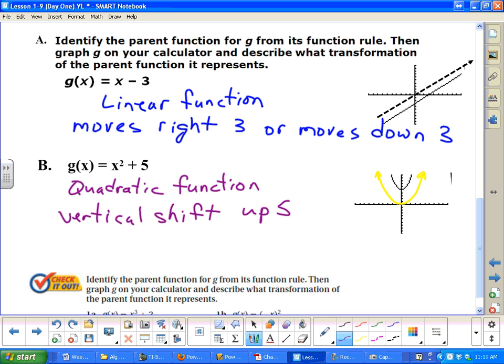Okay? Now, I want you to graph this. Graph this now, where I put x plus 5 in parentheses and then squared it.